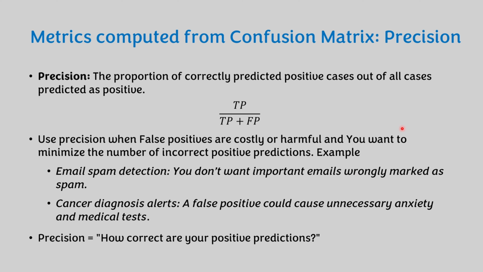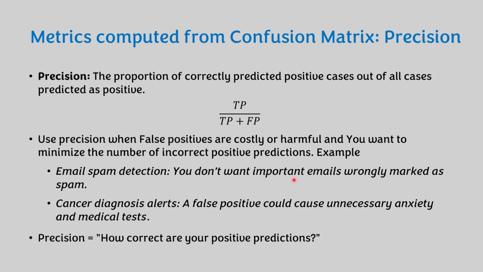The second metric is the precision, and precision is the proportion of correctly predicted positive cases out of all the cases predicted to be positive. So here we have the numerator, the true positives, divided by the true positives plus the false positives. We use precision when false positives are costly or harmful and you want to minimize the number of incorrect positive predictions.